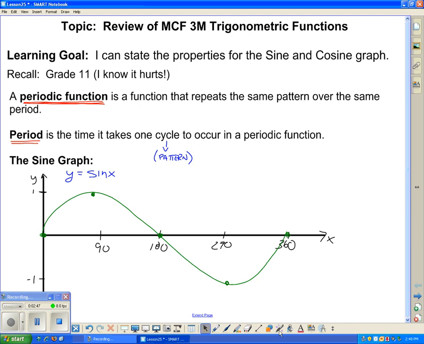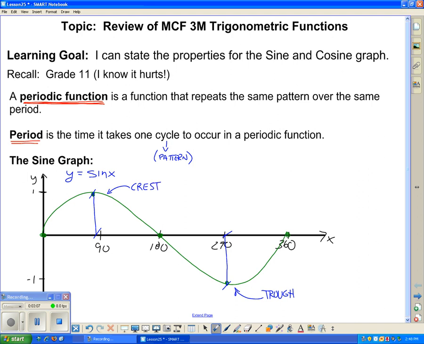All right. Some key characteristics while we're here. The distance from the x-axis down to what we call the trough, or the distance up, which is called a crest.